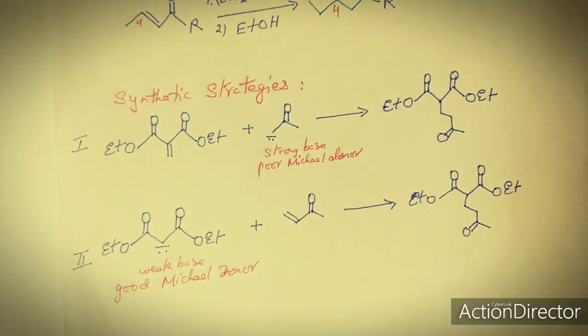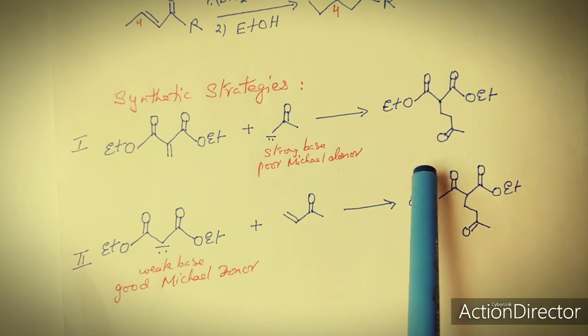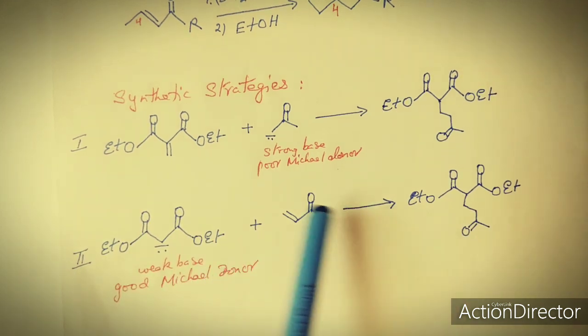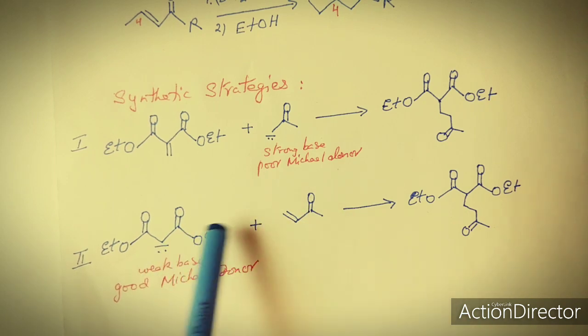So this carbanion here will now attack this alpha beta unsaturated carbonyl, and as you can see, we are getting the same product as above, but in a better yield, more efficiently, a green approach using less drastic conditions, and hence this is the correct strategy for Michael reaction.